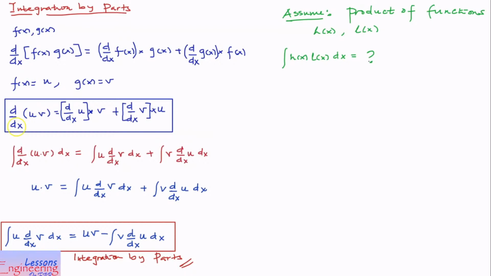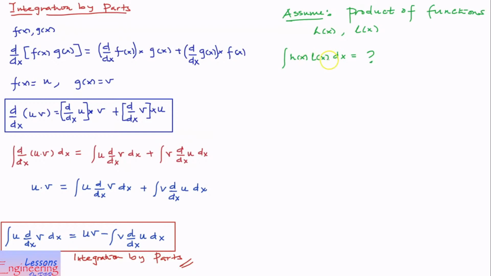Now, what the rule of integration by parts tells you is that you're considering that this part of the function is that part of the function over there, and the items inside the integration are u and dv by dx. You're assuming one of these is u and one of these is dv by dx.